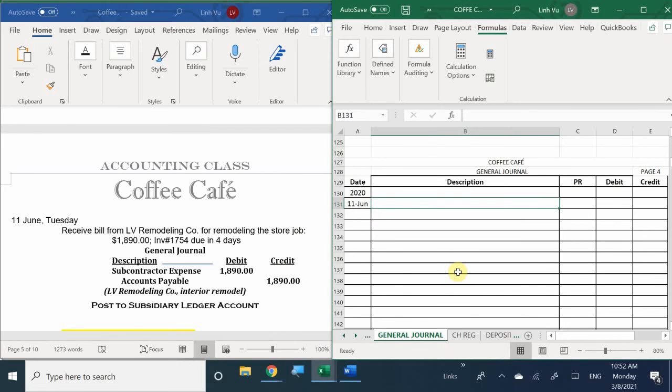So first thing is we're going to recognize a subcontractor expense. So what account number is subcontractor expense? 60510. Okay, just give me 1 second. So this is subcontractor expense, and it is for the 60510. Okay, and then second thing is, did we pay now?